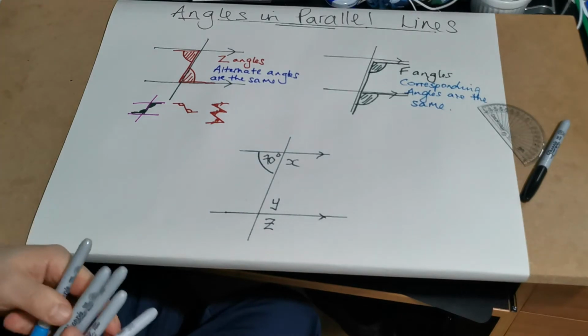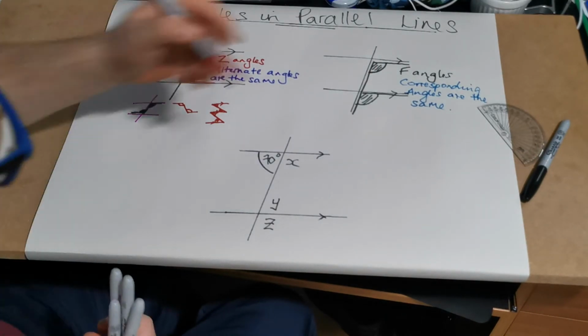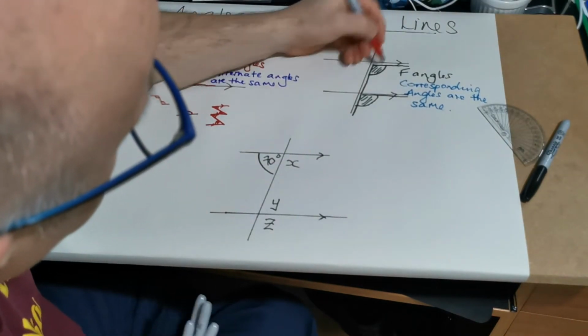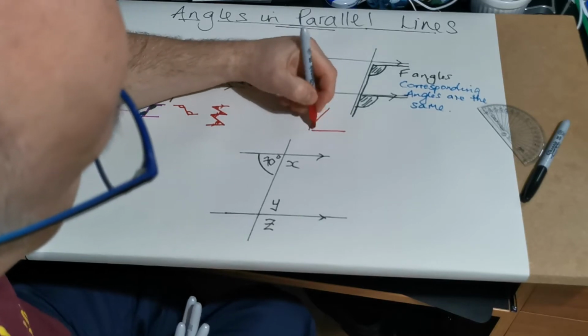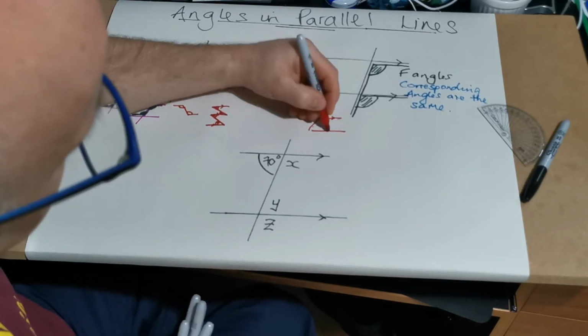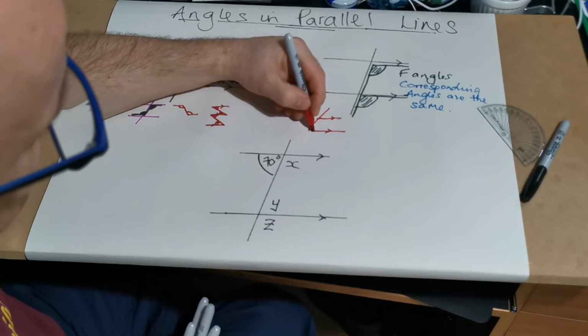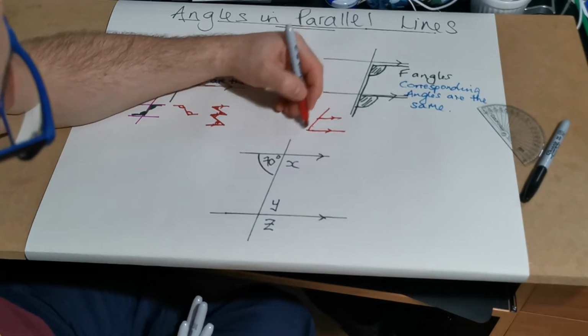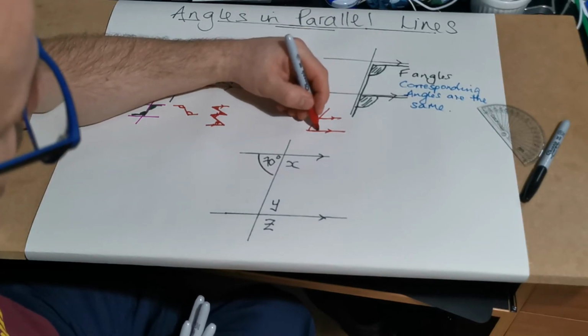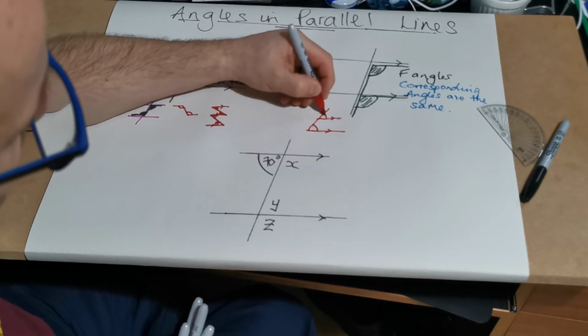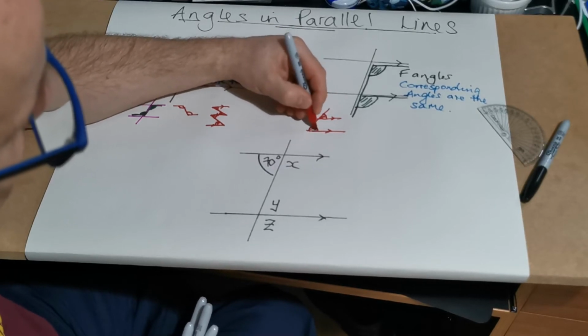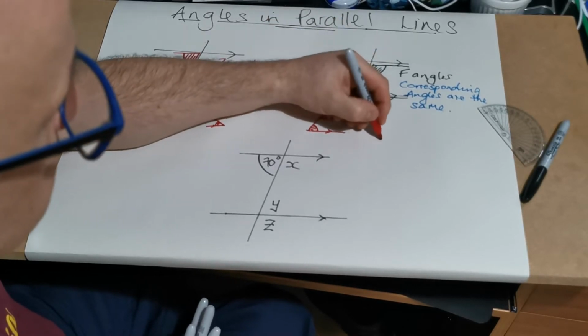So if I'd have drawn my F shape in upside down, the ones that are in the same position, so in other words they touch the diagonal line and come on top of the parallel line here, they are also corresponding. I could have drawn it backwards.